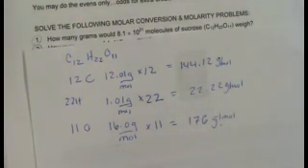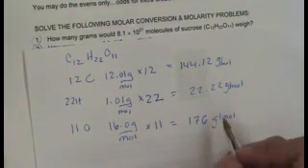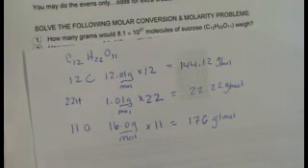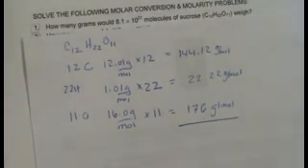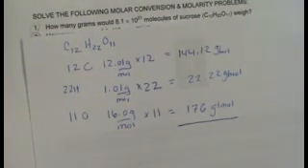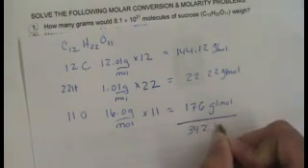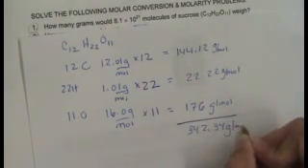So basically what all these are saying is if I have 1 mole, this would be the mass of it. So I take the total mass here, we're going to get 144.12 plus 22.22 plus 176, we get a total of 342.34 grams per mole.